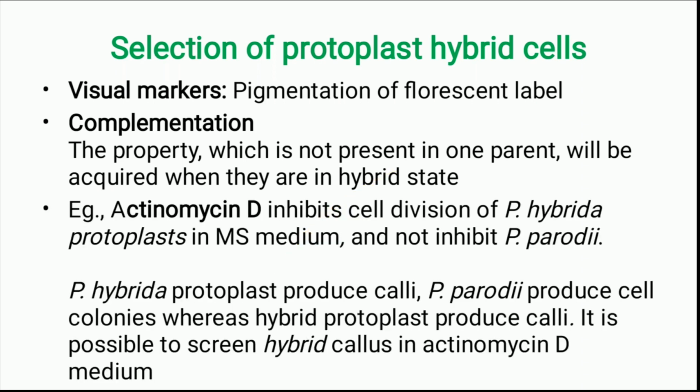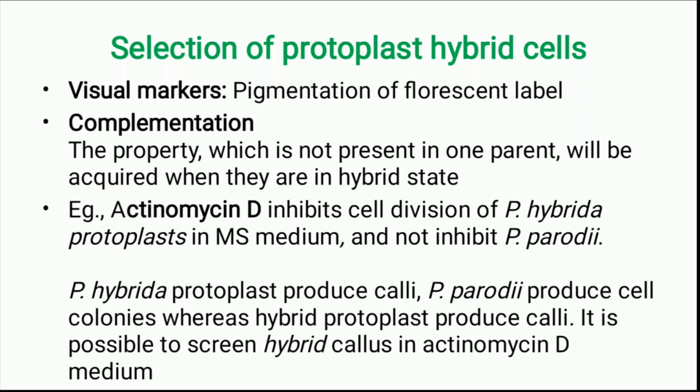The example is the compound actinomycin D, which inhibits cell division in Petunia hybrida and does not inhibit it in Petunia parodii. In general, Petunia hybrida will produce calli and Petunia parodii will produce cell colonies.